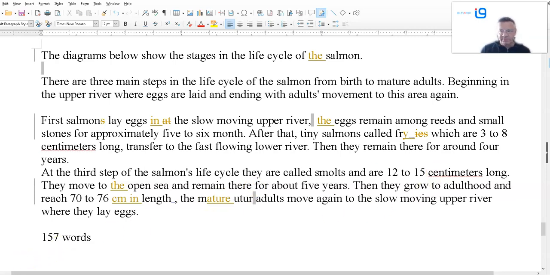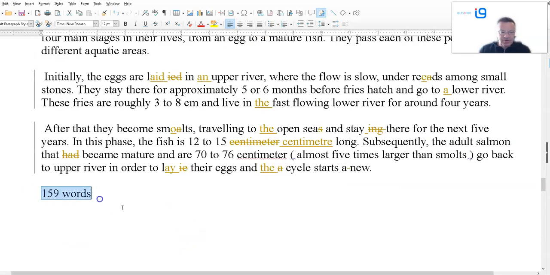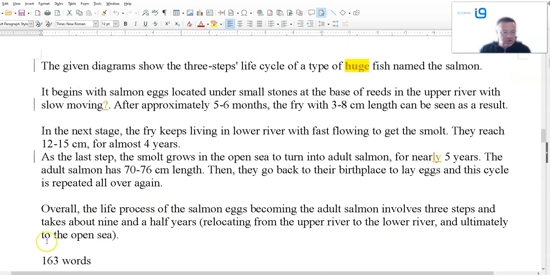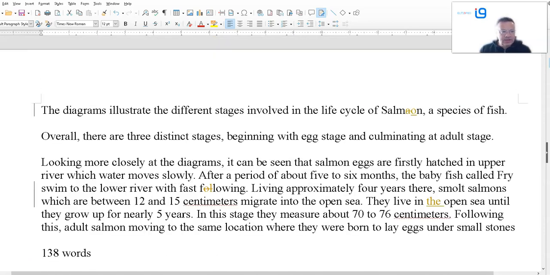157 words. Okay, so we can see then that most of these have the same mistakes. Most of them are either just on the word count, or they're too short, or they don't contain enough information or detail. Under length.